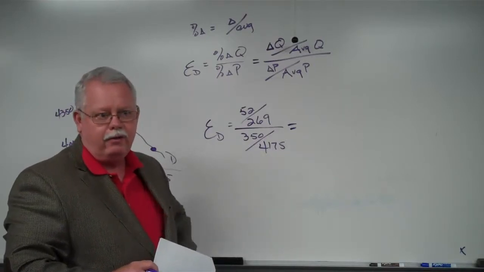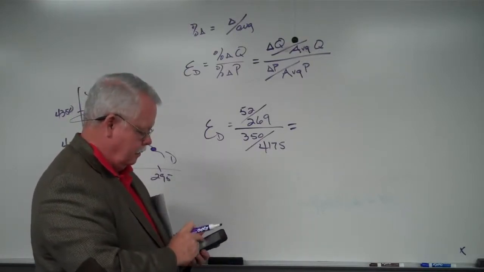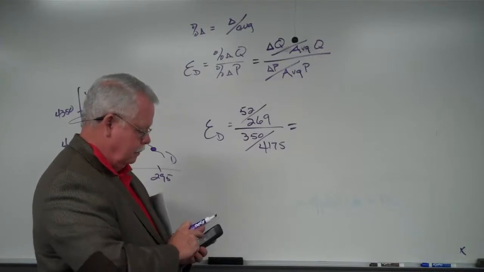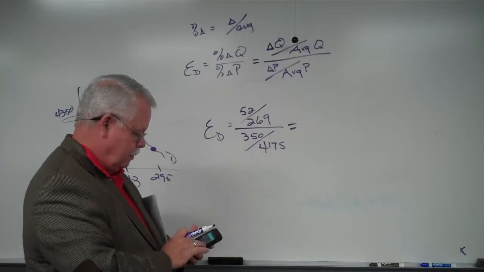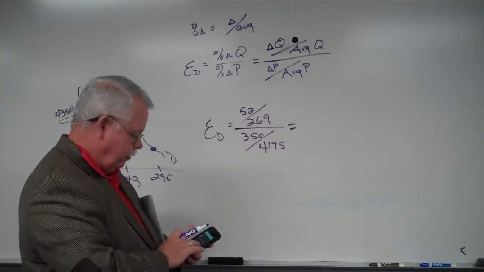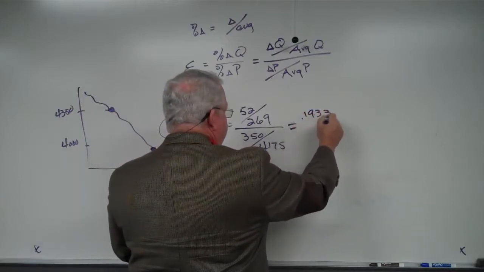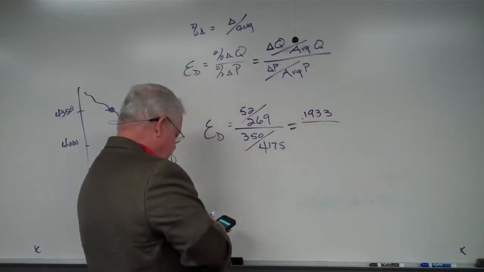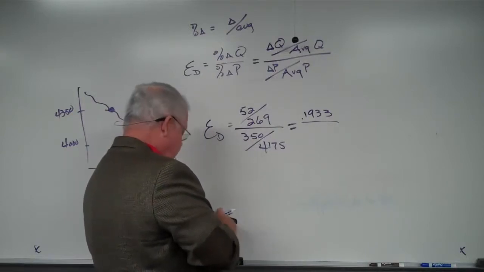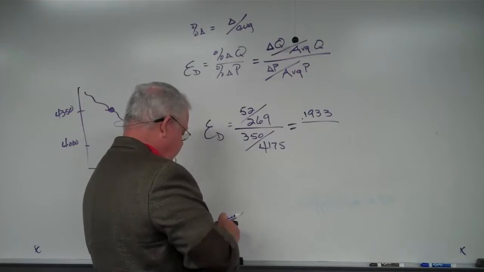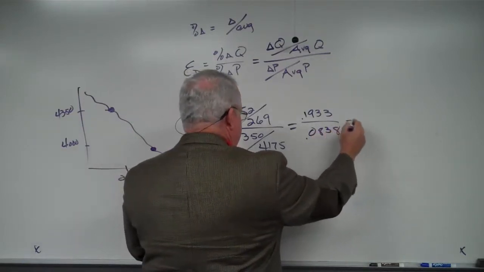And when I calculate these numbers, what am I going to get? 52 over 269, I get 0.1933. 350 divided by 4175, 0.0838.